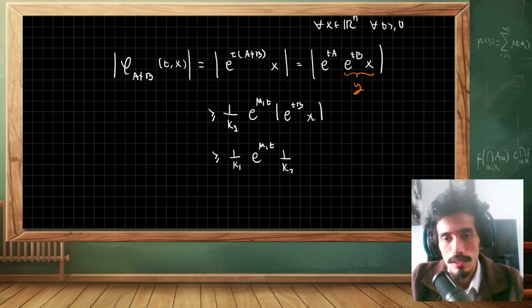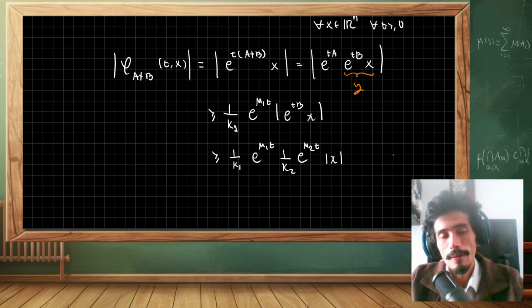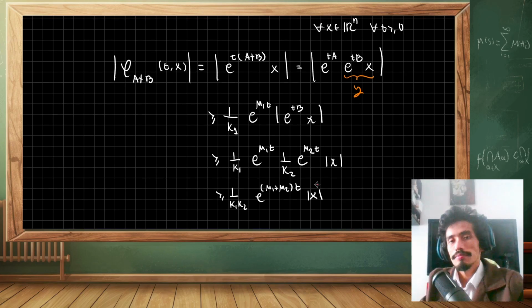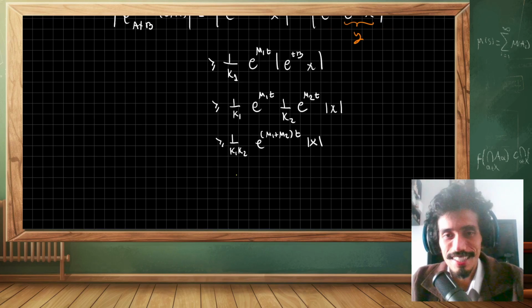So this will be more or equal than some other constant times the exponential of mu2 times t with the norm of x. So we can write it like this, t times x. We could have applied this on the previous proposition.